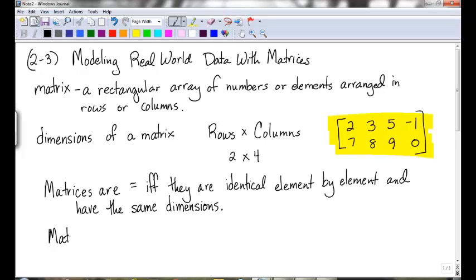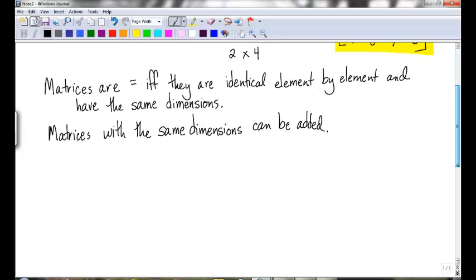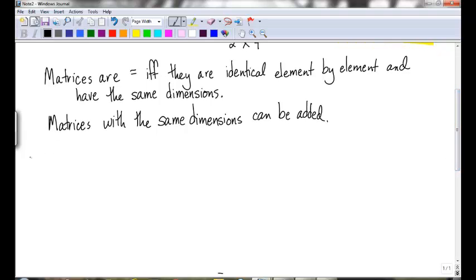Matrices with the same dimensions can be added. Okay, and they're going to use uppercase letters to represent a matrix. So I'm going to give you an example.